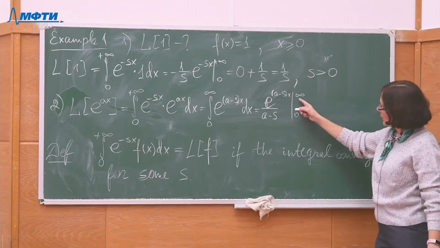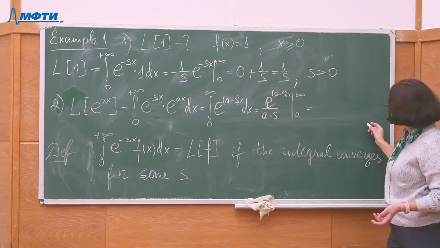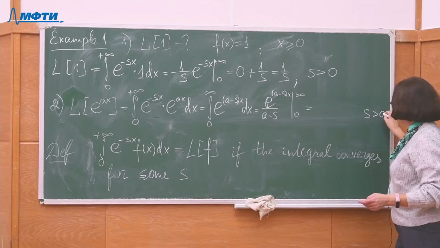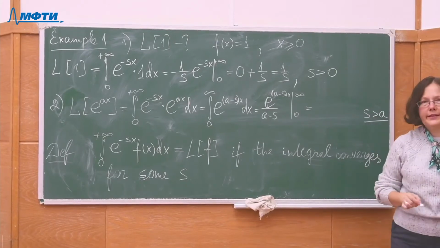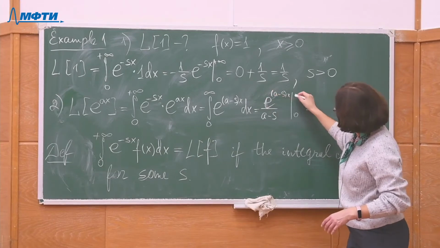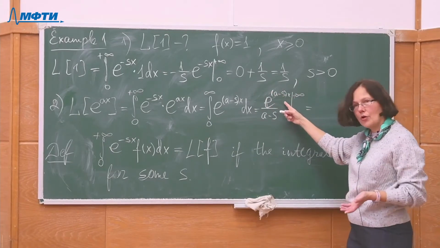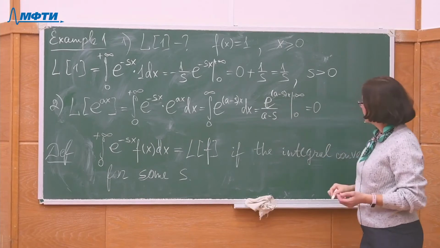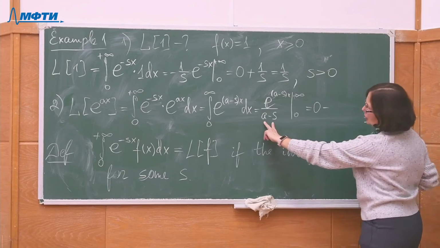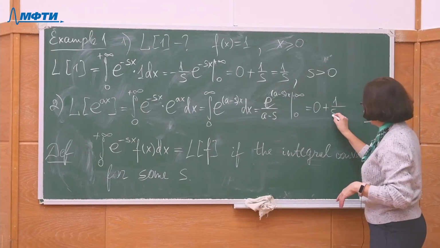Now we substitute positive infinity, and we can do this if s is greater than a. Then this will approach 0, so 0 minus, or we can change the sign in the denominator, so plus 1 over s minus a.